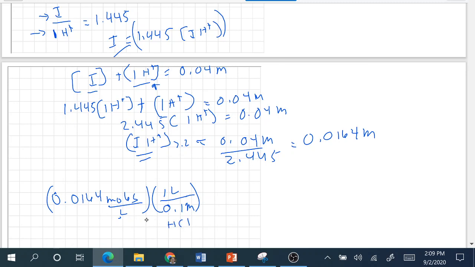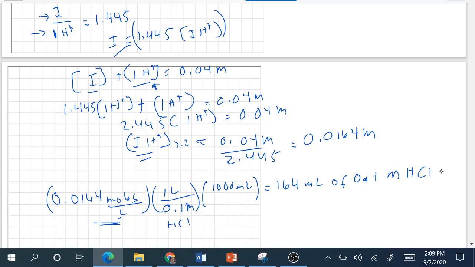We need this many equivalents of it times 1,000 milliliters, which is equal to 164 milliliters of our 0.1 molar HCl solution.